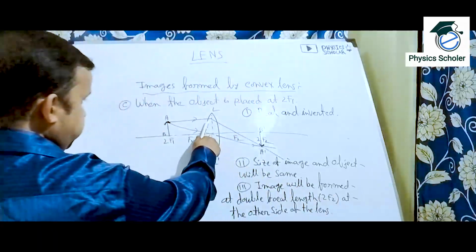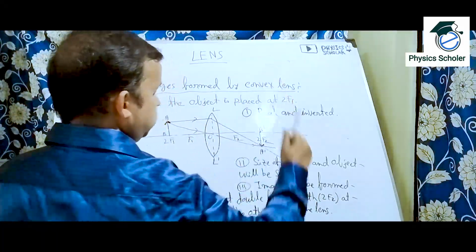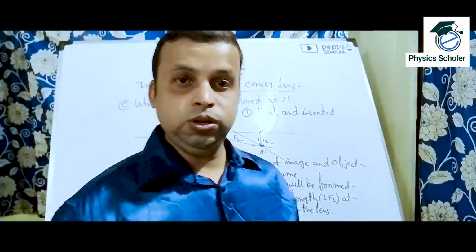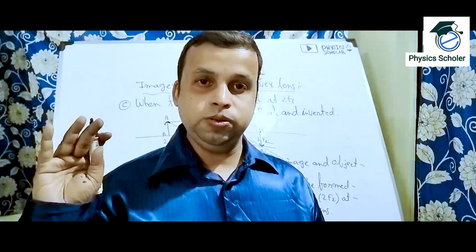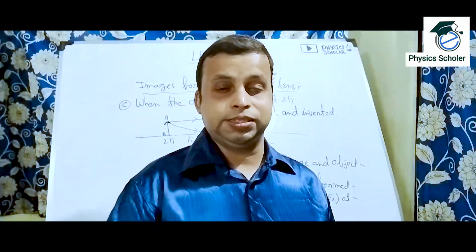That means the object is at this side and the image will be on the other side. Clear? So this is the third condition. I think it's clear to you. Okay, so now moving to the next.